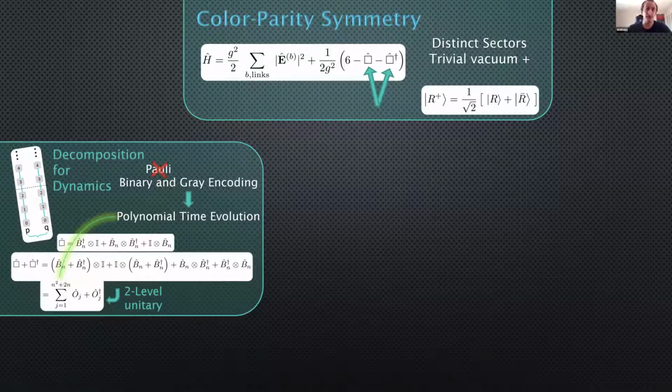So, for example, the states that would lie in the trivial vacuum sector would be the trivial vacuum state itself, 3 plus 3 bar, 8, 6 plus 6 bar, and so on for higher representations of SU3.